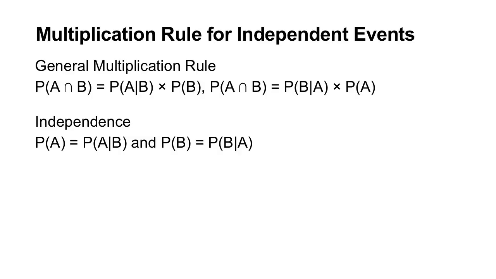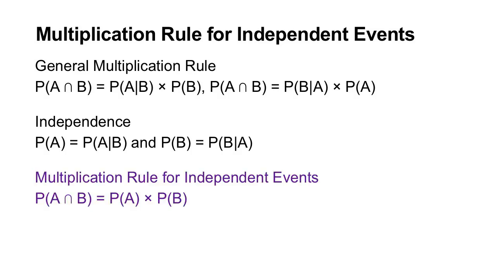Now, what happens if we take our multiplication rule and assume that A and B are independent? In that case, the conditional probability of A given B is just the original probability of A. Now replace the conditional probability in that general multiplication rule and you get a specialized multiplication rule. And that's the multiplication rule I showed you in the previous module when we talked about independent events.